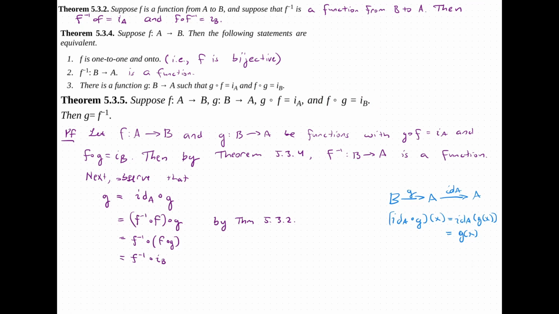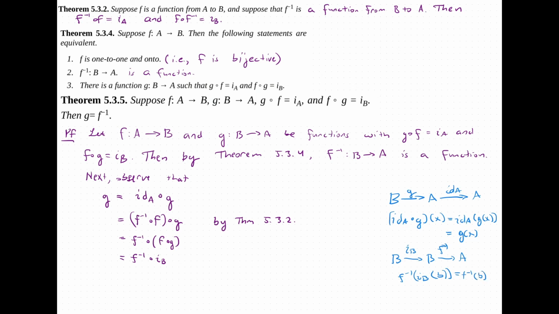And now we're going to make the following observation: if we had done B goes to B, and then this goes to A, where the first B to B is the identity on B, and B to A is f inverse, then when we take the composition, we're taking f inverse of the identity on B evaluated at some lowercase b of B. This is just going to give us back f inverse of b.